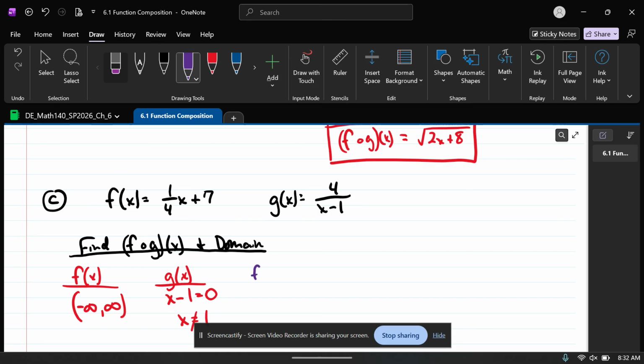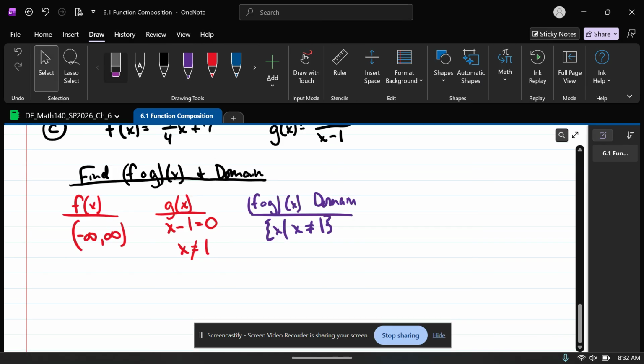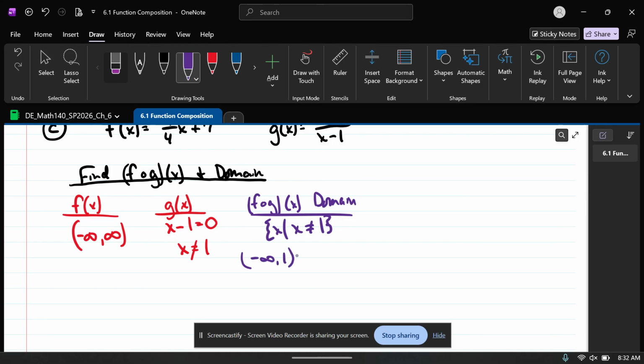So f composed with g of x domain would be all x's as long as x does not equal 1. Now, how do I write that in interval notation? We need to refresh ourselves on that. Negative infinity to 1 union 1 to infinity. There you go. Good job.